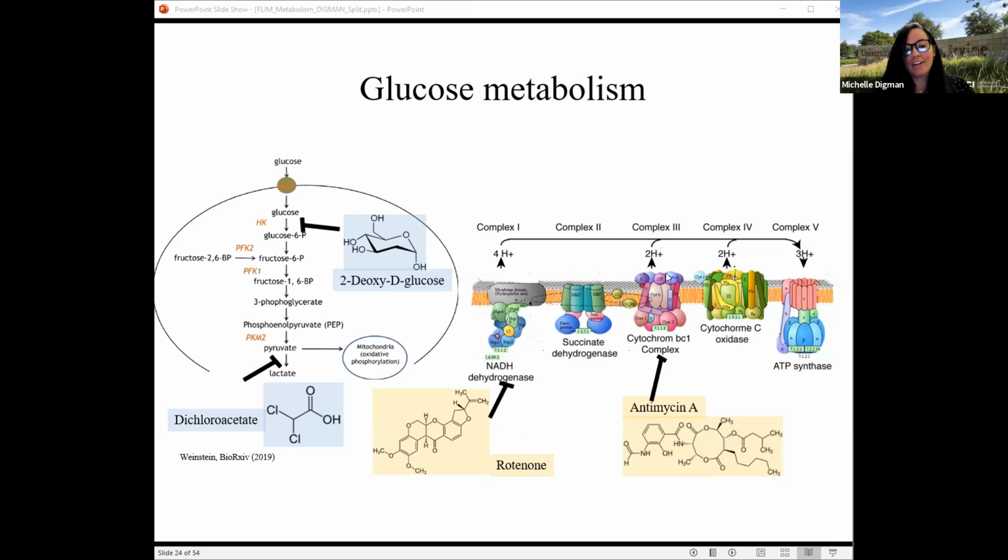You can also target the mitochondrial pathway, oxidative phosphorylation, using Rotenone and Antimycin A, which are inhibitors of oxidative phosphorylation. Rotenone binds to complex 1, Antimycin binds to complex 3. If you're going to do these experiments, I always recommend using both Rotenone and Antimycin A to make sure that you're shutting down this pathway of respiration.